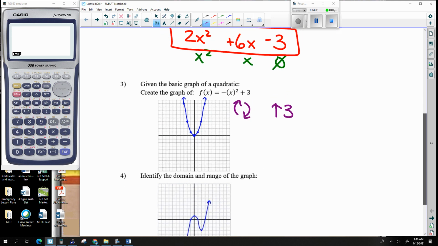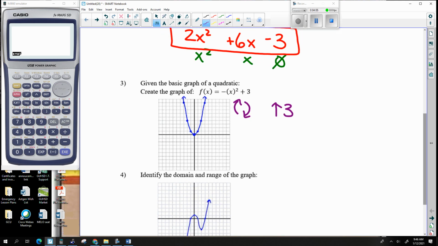So what I do is I do all the motions, all the pluses and minuses. So I go up 3. 1, 2, 3. Okay, and that's my new start, up 3. Then typically it would go up like a U from that point, but because of the flip, it's going to open downwards.